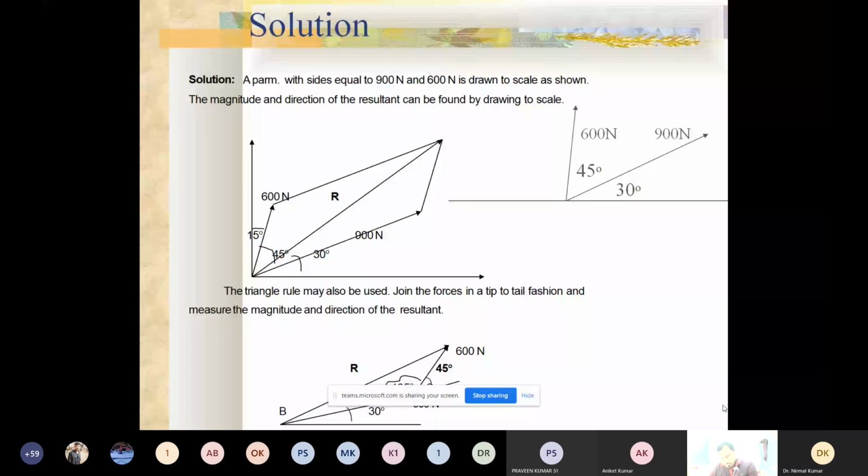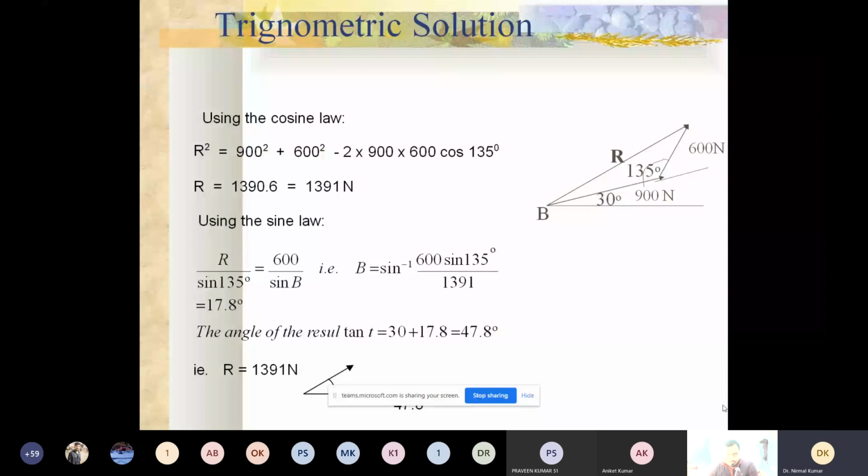And you see here the R squared value using the cosine rule in different directions. R squared here, in different directions, 900, 600, not a parallelogram. This is the cosine rule. And here I am using the sine law also, R divided by sine 35, 600 sine 5, either by this or by these equations in the reverse angle.